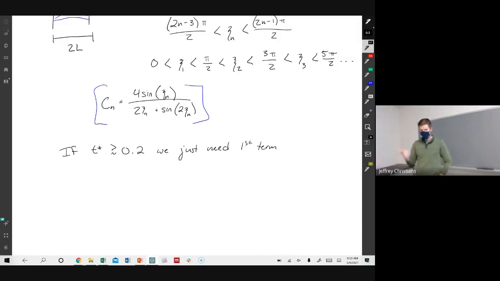We can just use the first term. If you remember our rule of thumb for the semi-infinite solid, it was exactly the opposite. So if we wanted, we could marry these two solutions, although in practice we're not actually going to do that, but you could potentially.